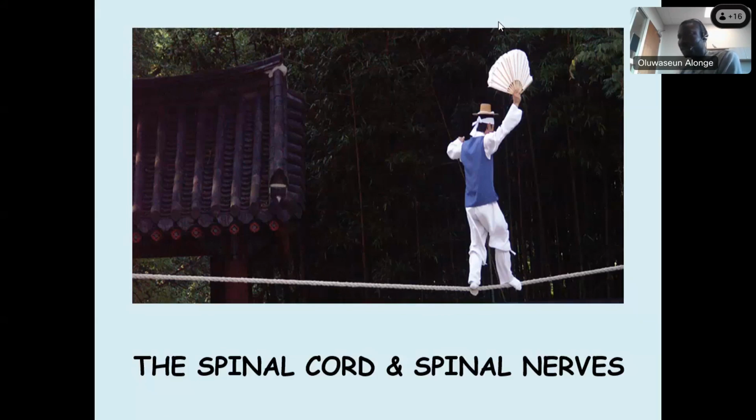We look at neurons, and we also look at neuroglial cells, and we look at some in the central nervous system, which means that those will be associated with the brain and spinal cord. And we also talked about the ones in the peripheral nervous system.